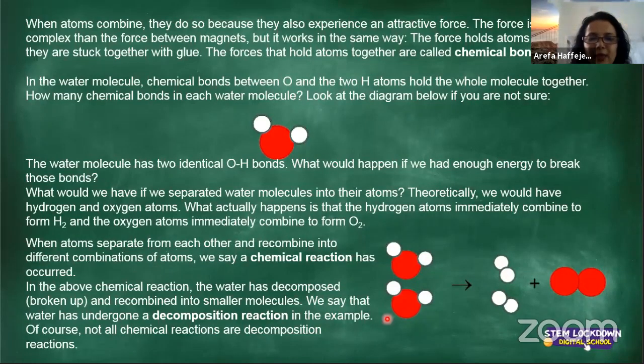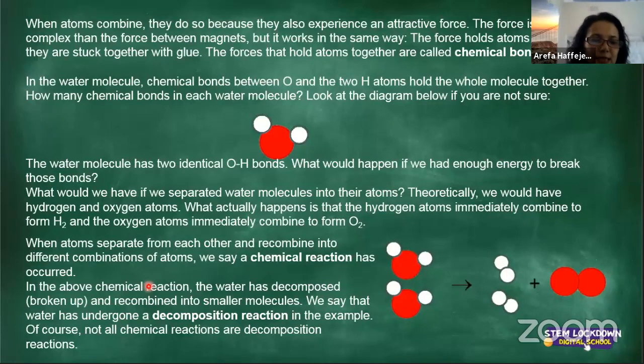A chemical reaction is when we are separating compounds. In the above chemical reaction, the water has decomposed. Decomposed means broken up, and it has recombined into smaller molecules. We say that water has undergone a decomposition reaction, which means that water has broken down into its separate elements, hydrogen and oxygen.